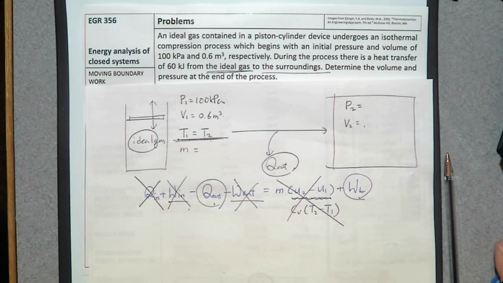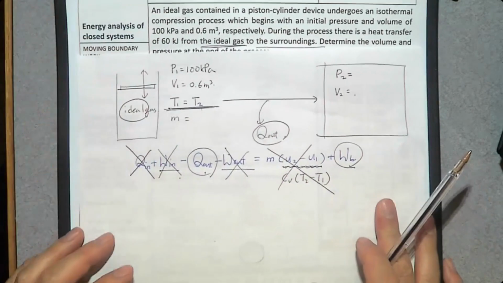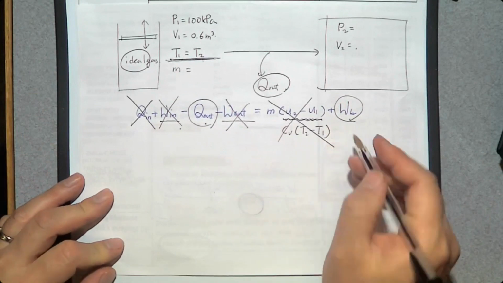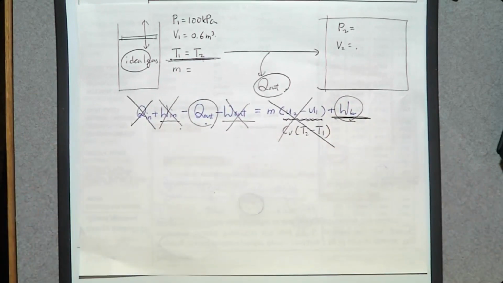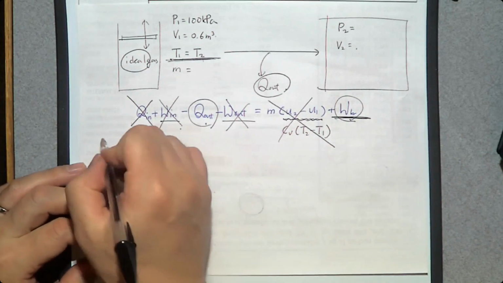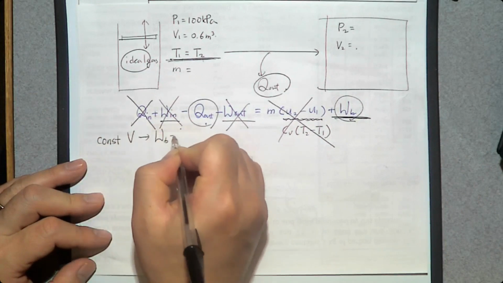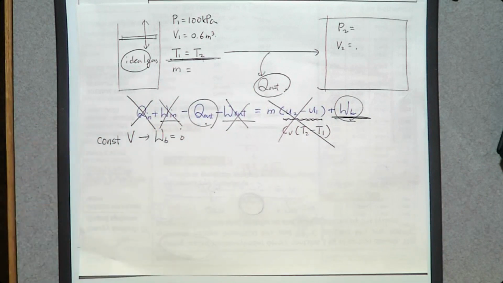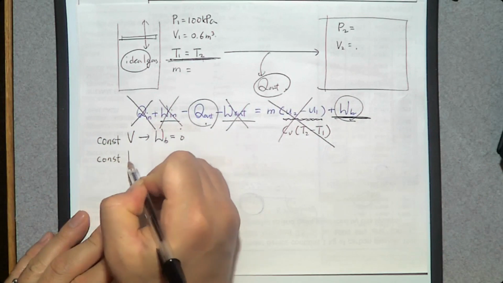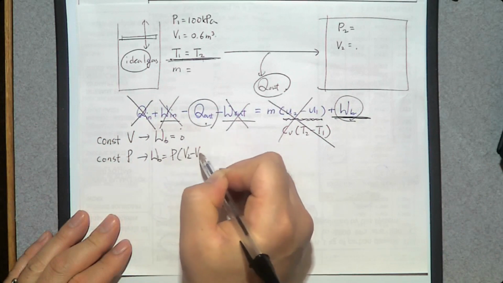We studied it a long time ago, when we were in EGR456. So let me give you a brief summary of how we determine moving boundary work, besides the PV graph that we used in the previous problem. If you have a constant volume process, moving boundary work is 0. Of course, there's no volumetric change, there's no moving boundary. When you have a constant pressure process, moving boundary work is pressure times (V2 minus V1).